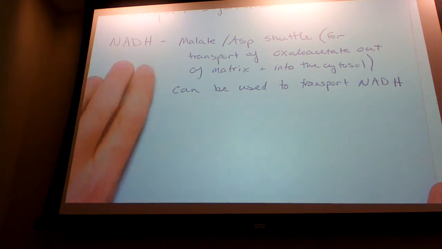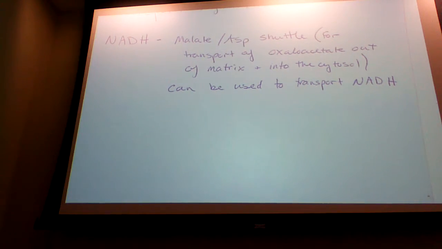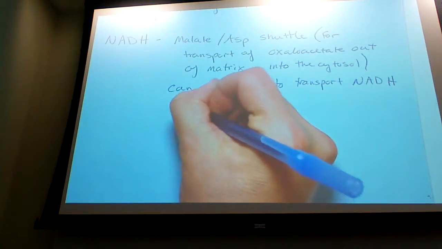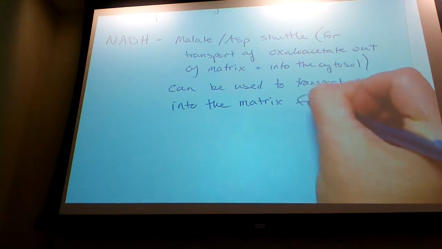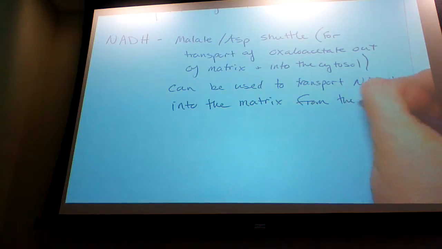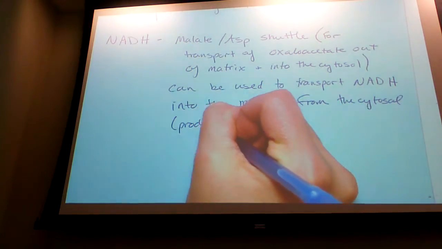So for NADH, you can use the malate aspartate shuttle, which can be used to transfer NADH from the cytosol into the matrix. And remember, this is a product of glycolysis.